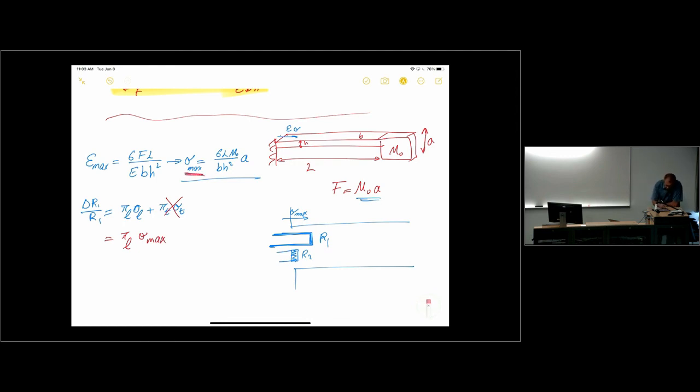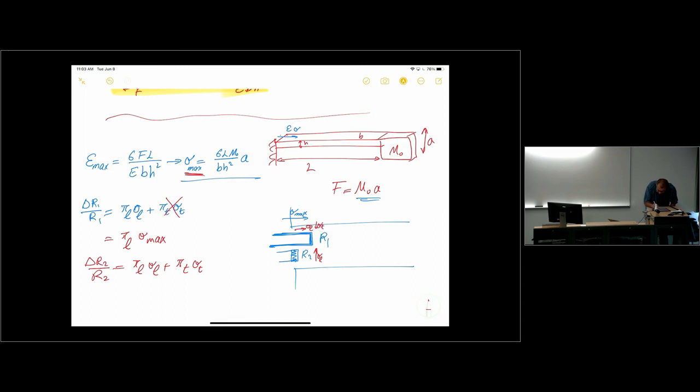And for R2, I can see a similar thing. So delta R2 over R2 is again pi L sigma L plus pi T sigma T. But notice that these are relative to that resistor. So for R1, sigma L is in this direction, and sigma T is in this direction.